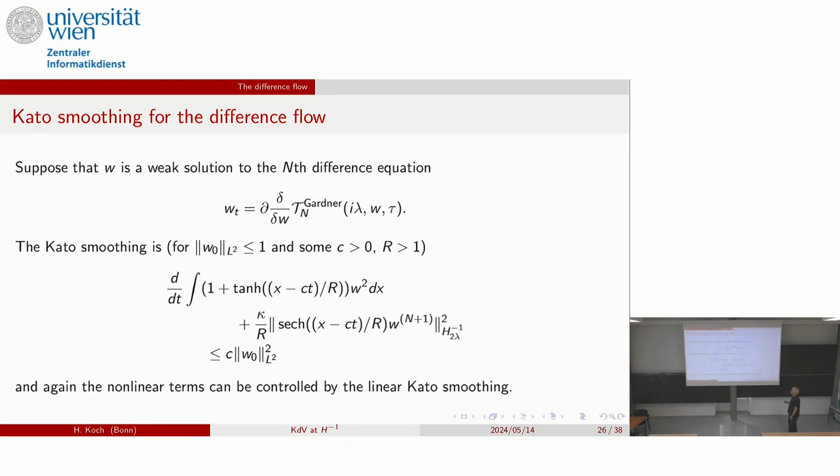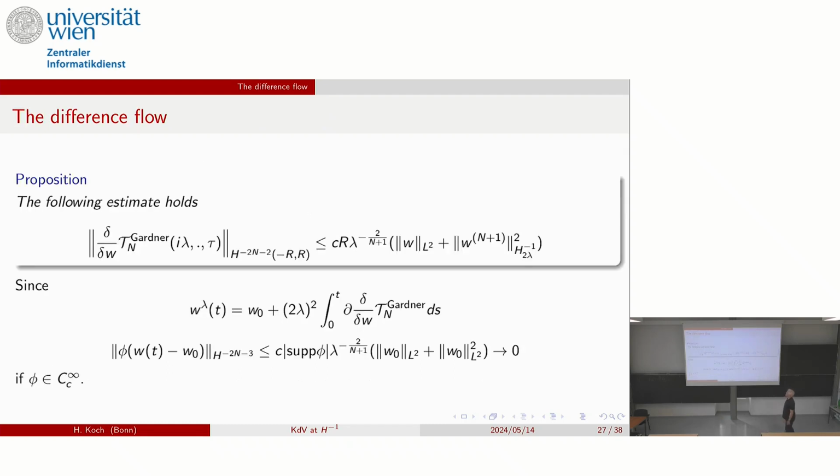And then there is the n plus first order derivative, but measured in H^-1 to lambda. And you let 2 lambda tend to infinity. So that gives you, again, good control of the nth order derivatives, but very weak control on the low frequencies. That's what you get from the quadratic term, and the main proof is the proof that this holds true also for the nonlinear part.